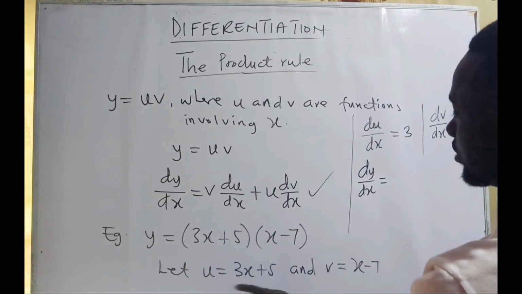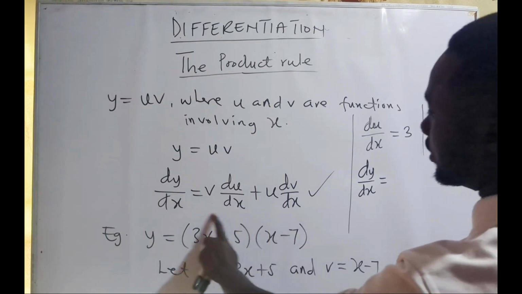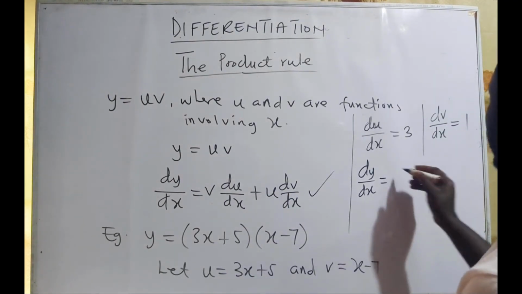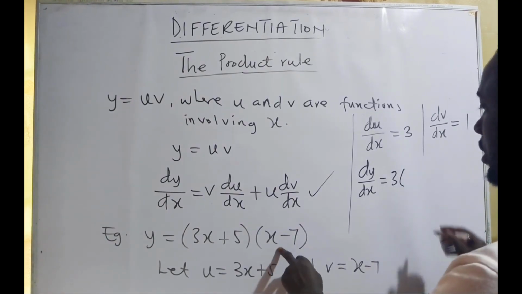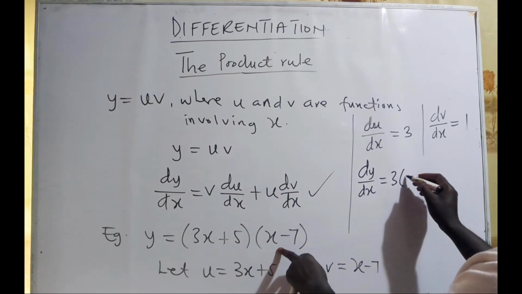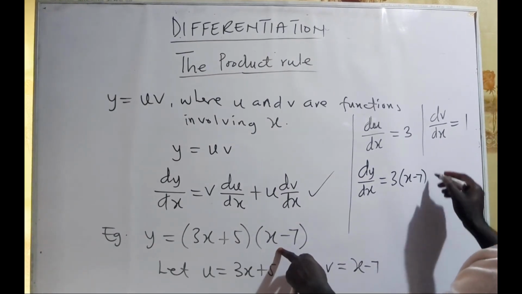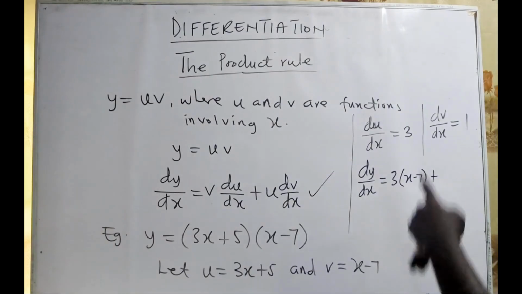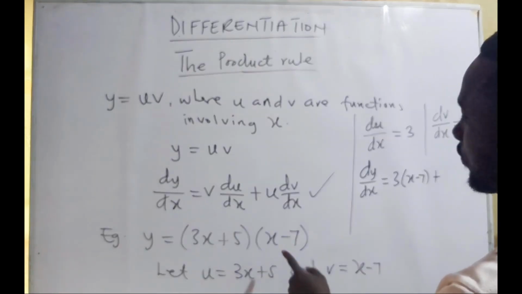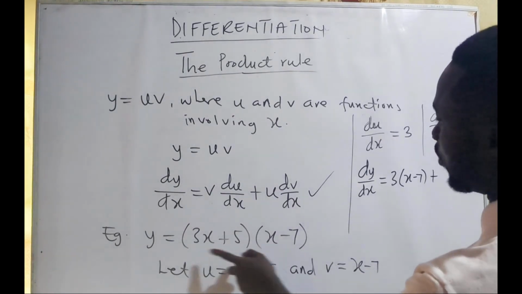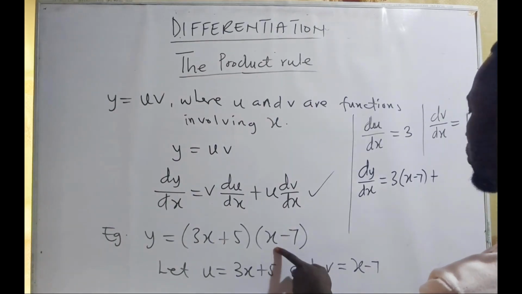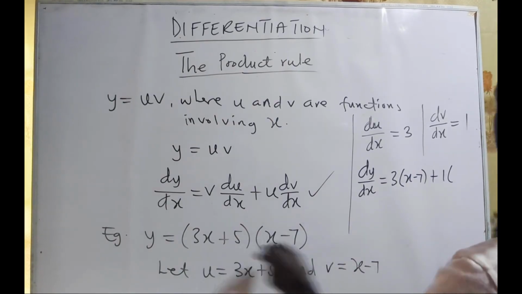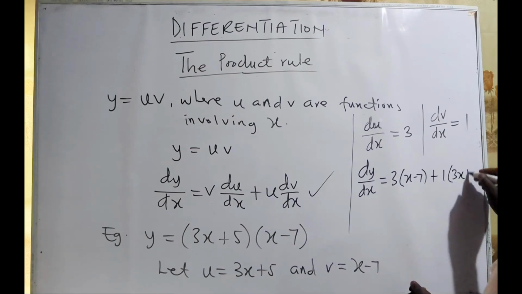If this is my v and this is my u, I differentiate this and maintain this. The differentiation of 3x plus 5 is 3, and I'll maintain x minus 7. Plus, in the second one I'll do the other way around: I'll differentiate x minus 7, which is 1, then I'll maintain 3x plus 5.